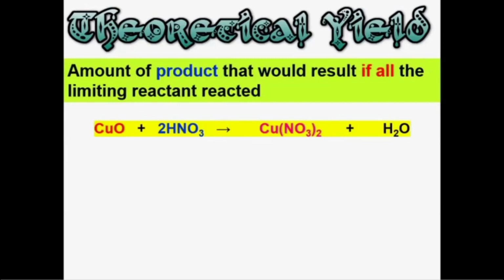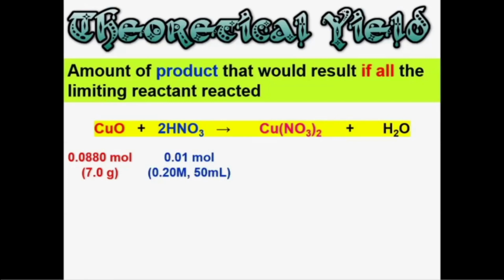Okay, so from the balanced equation, we know that 1 mole of copper 2 oxide reacts with 2 moles of nitric acid to produce 1 mole of copper 2 nitrate and 1 mole of water. Okay, but in this reaction, we have 7 grams of copper 2 oxide, or in the form of moles, we have 0.088 moles of copper 2 oxide. And this amount of copper 2 oxide reacted with 50 mils of 0.2 molar nitric acid.